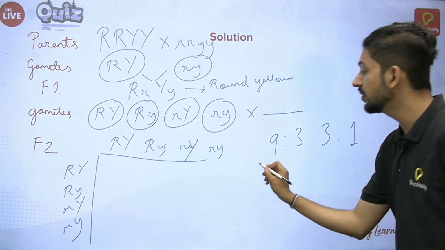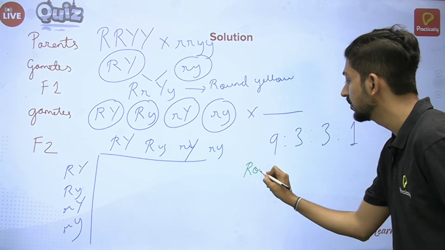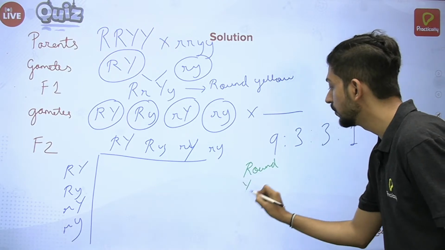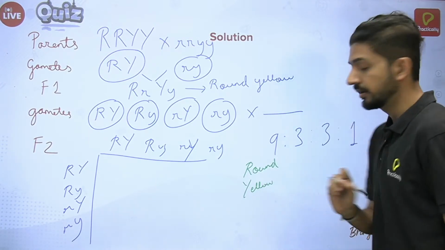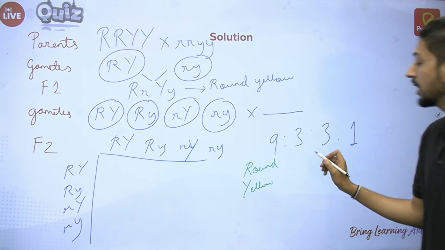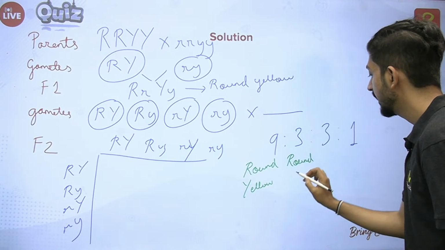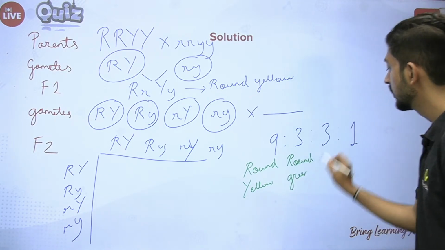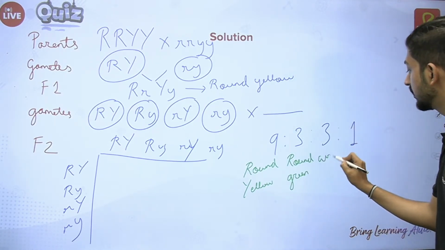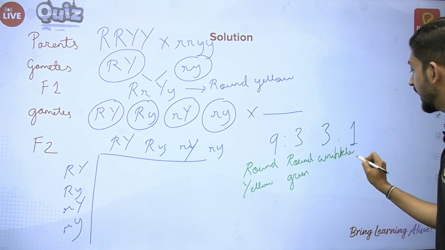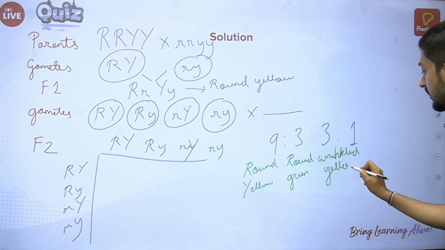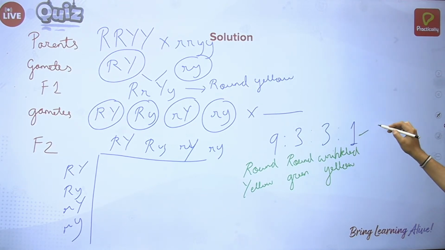We all know the 9 are going to be the dominant one, that is round and yellow, right? 3 over here are going to be round and green. The other 3 will be wrinkled and yellow, and 1 will be wrinkled and green. Okay, this is the ratio which you are going to get.